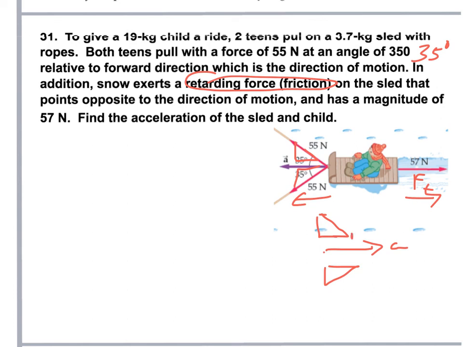And then we have our F sub x and our F sub y, because here's our angles right there. I drew the acceleration backwards. We see the acceleration in the same direction as the force, in the x component in particular.